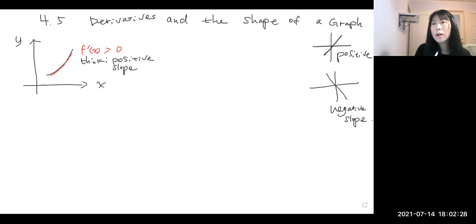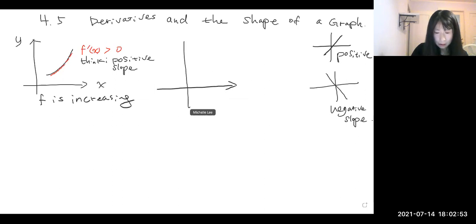Okay, then what can we say about the function f? Is f increasing or decreasing? Increasing. Okay. Then what about this one? We have the function like that. Now I'm drawing the slope.